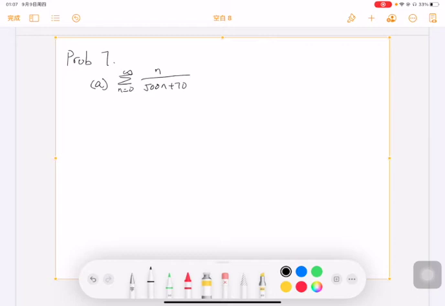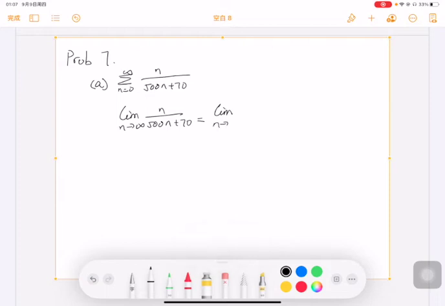This can be done using a simple limit test. The limit as n goes to infinity of n over 500n plus 70 is just 1 over 500. Let me prove this.